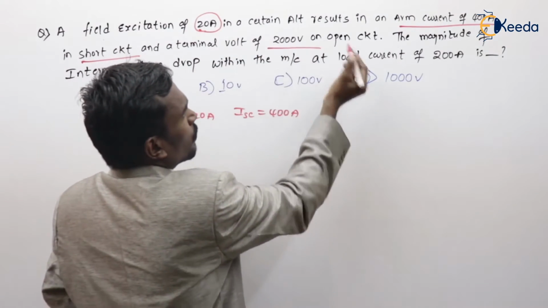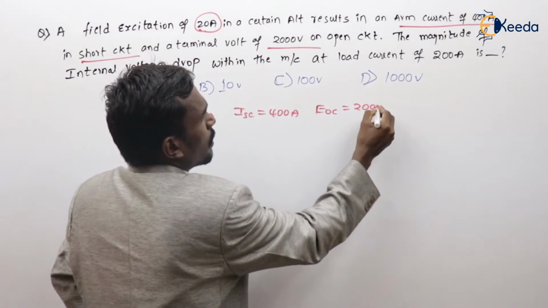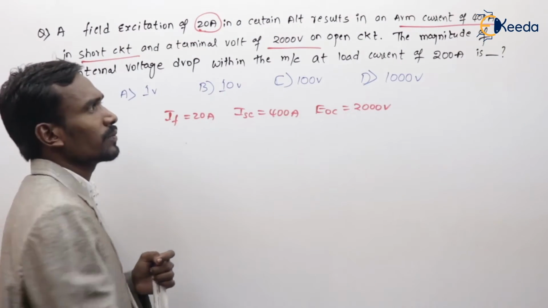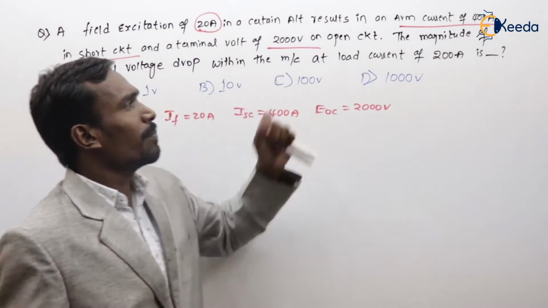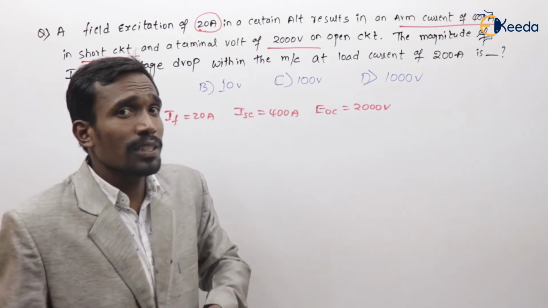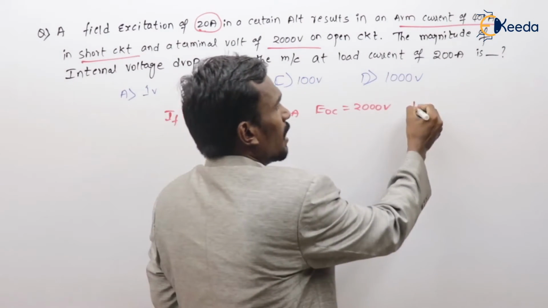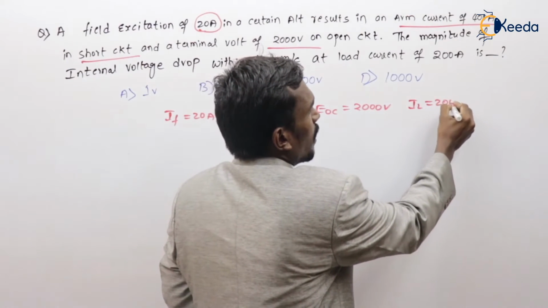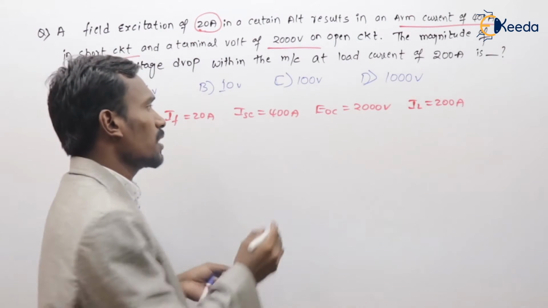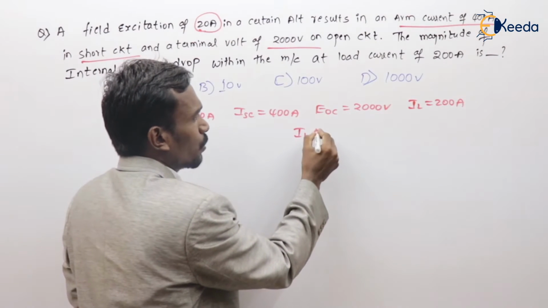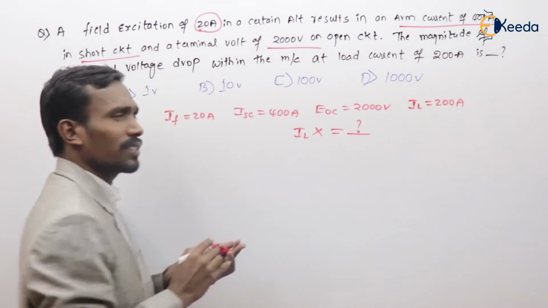Internal voltage of 2000 on open circuit, EOC 2000. The magnitude of the internal voltage drop within the machine at a load current of 20 amperes is. They want the drop I into X, how much it is.